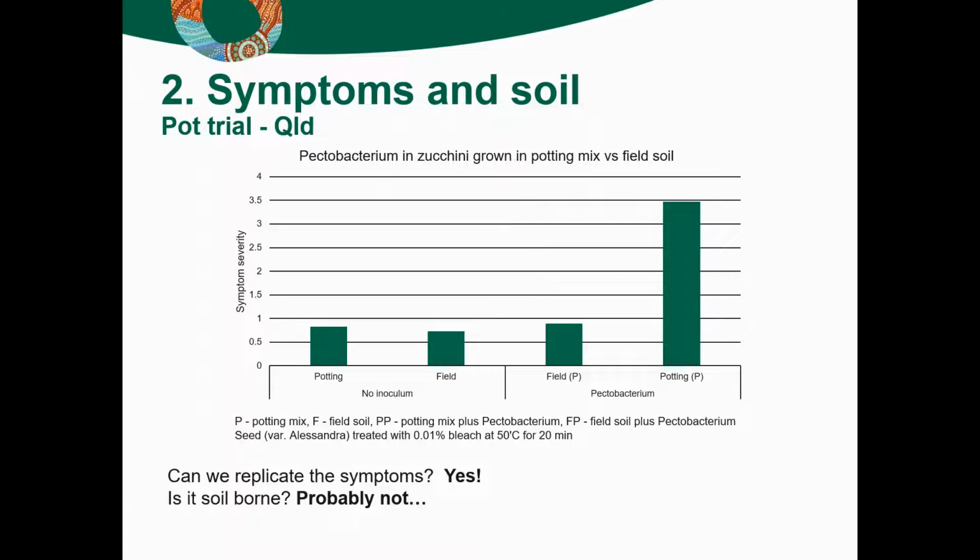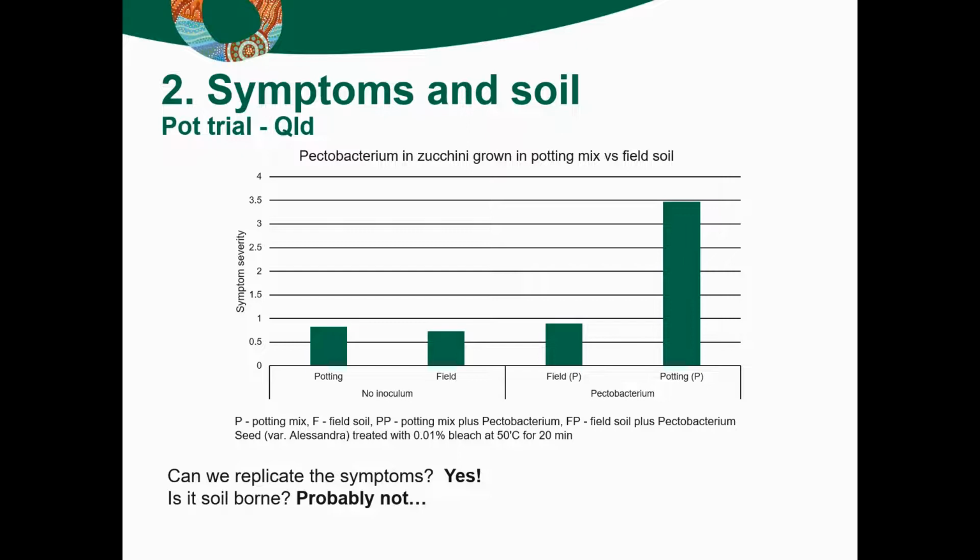So back in Queensland, we started with one pot trial. We had some potting mix and soil from an infected field, the first infected field that we found here. Basically what we did was grow some zucchinis in that with no inoculum, and in the field soil and potting mix with Pectobacterium inoculum.